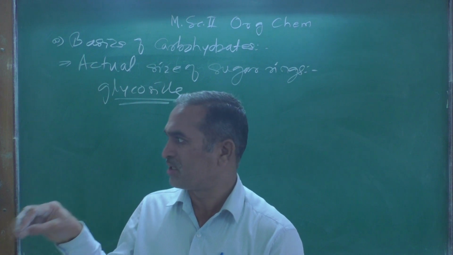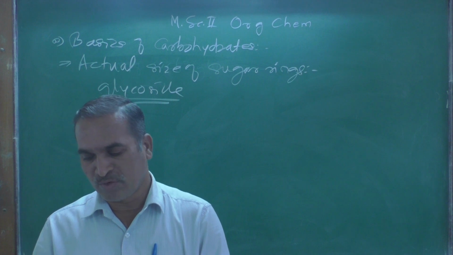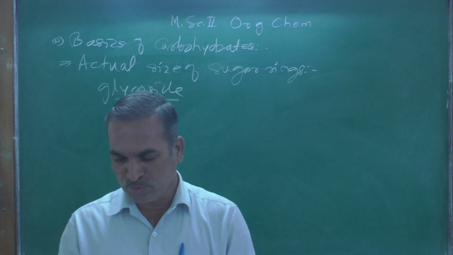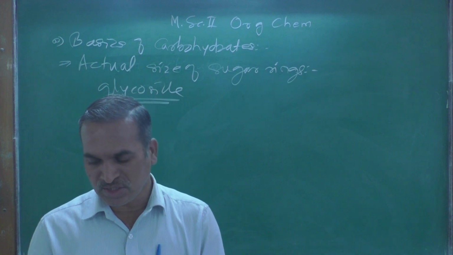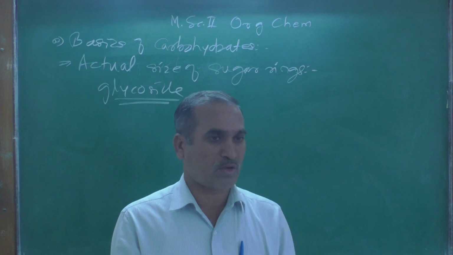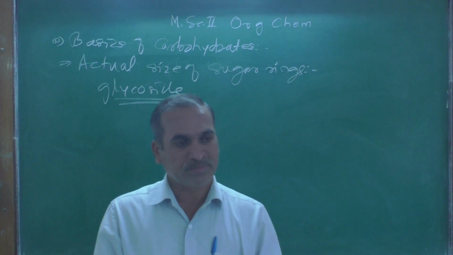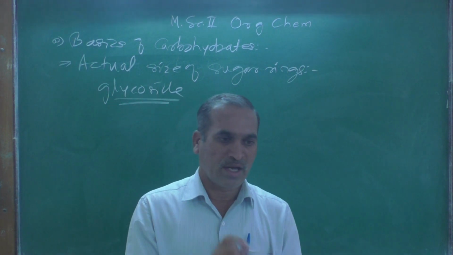Oxidation of an aldose, which we know contains an aldehyde group, with hypobromite produces an unstable delta lactone. Just now we have seen delta lactone. Lactone means the ester group occurs in the ring.